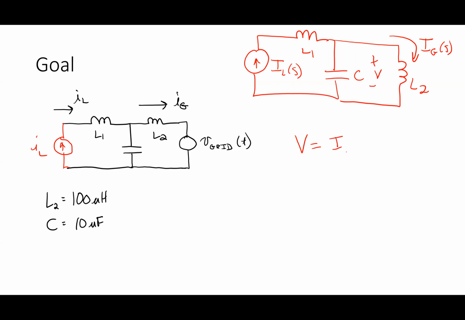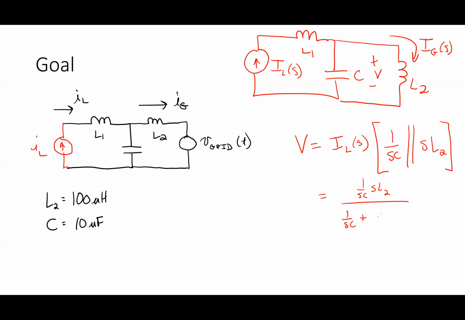IL of S times the impedance, right? What's the impedance? 1 over SC in parallel with SL2, right? So that would be 1 over SC times SL2 over 1 over SC plus SL2, times IL of S, right? That's the voltage across that thing.